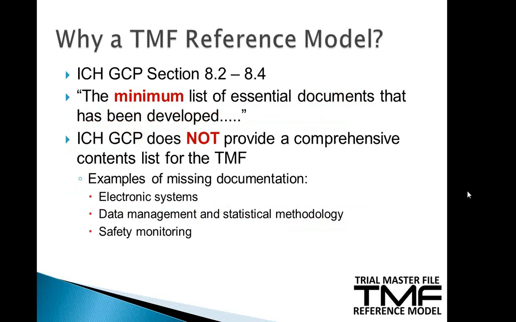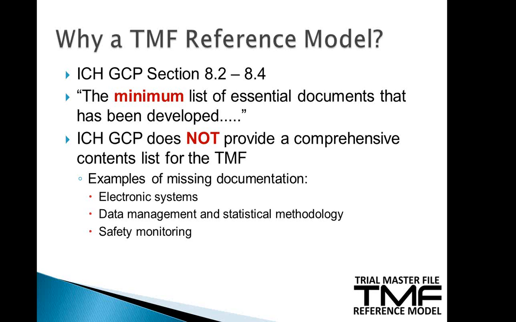And in the opinion of industry, it was determined that GCP does not provide a comprehensive list of contents that would tell the story of a trial. There was no other inventory that was really agreeable and commonly understood by industry. And so this initiative to define a TMF reference model was initiated.